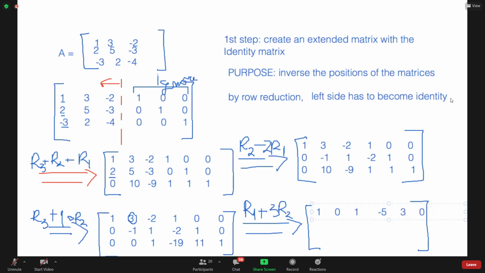And I hope I didn't make any calculus mistakes. If I had, however, let me know. Second row unchanged, so 0, -1, 1, -2, 1, 0, and 0, 0, 1, -19, 11, 1. Great.